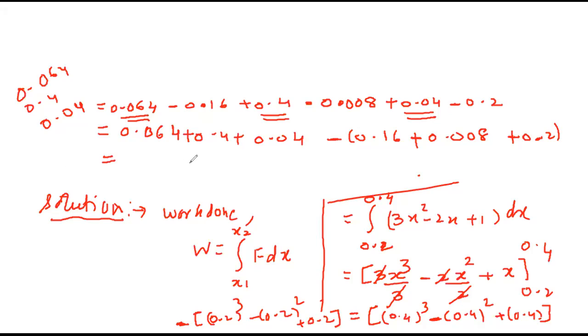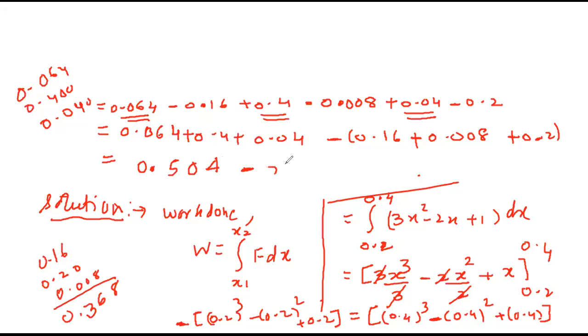How much is it? 0.504. Then minus the other one: 0.16, 0.2, 0.008, which is 0.368. Equals 0.504 minus 0.368. 14 minus 8 is 6, 9 minus 6 is 3, 4 minus 3 is 1.